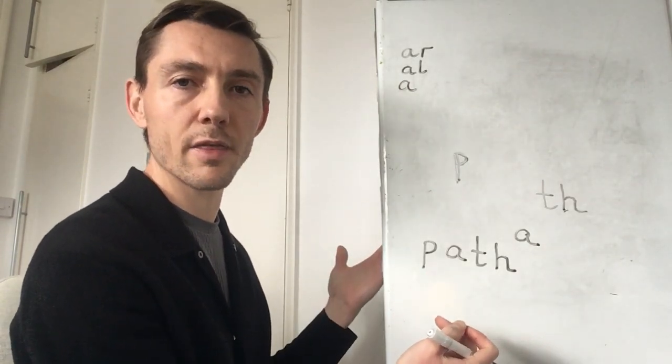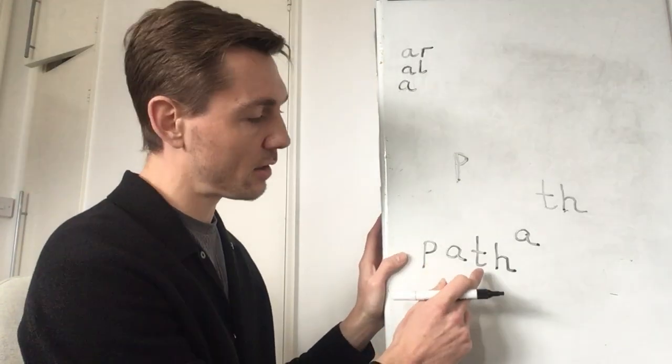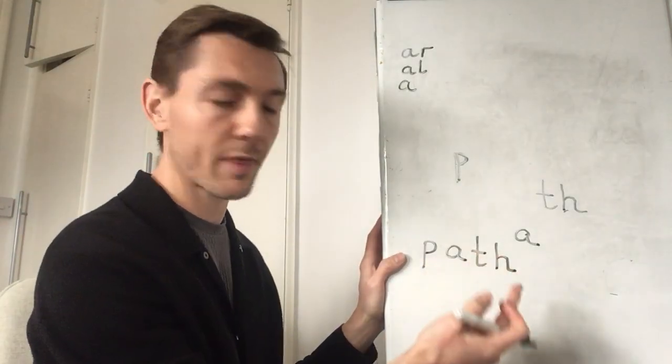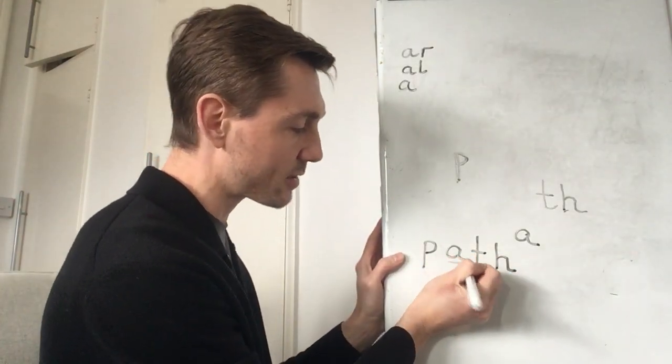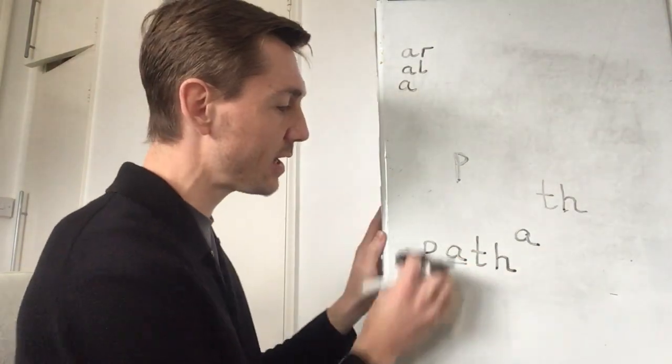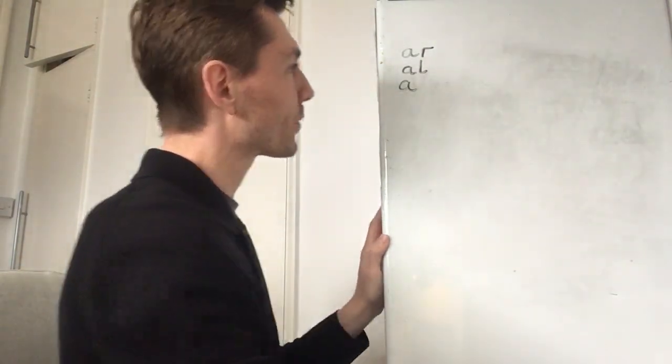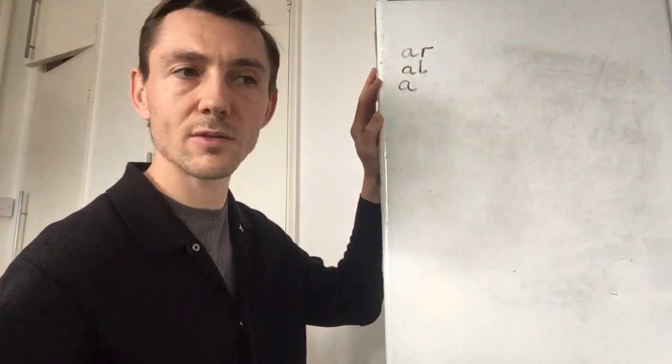They were spelling V, but in path, we have the TH spelling of F, and we've got that A on its own spelling of R again. So we've got three different spellings of R, same sound.